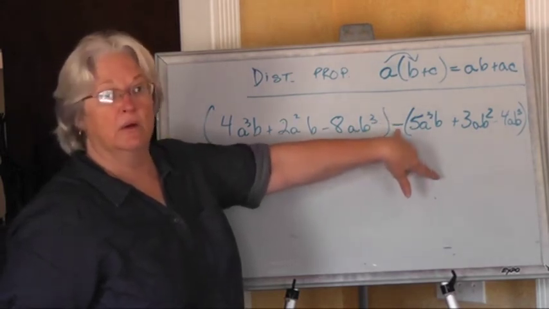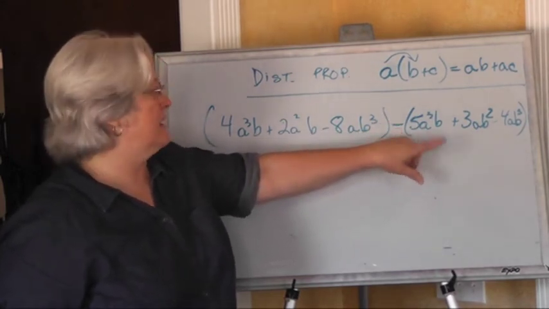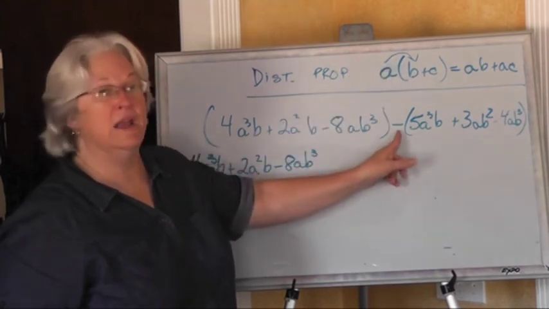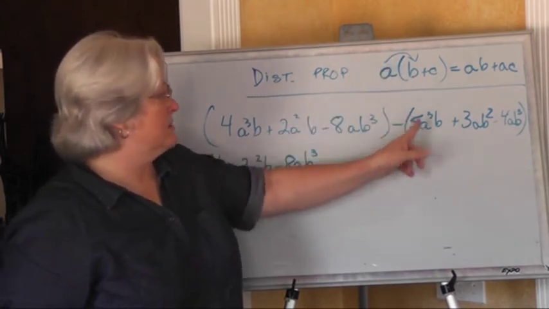Look what we've got though. We are distributing a negative sign. This is actually saying negative 1 times this quantity.